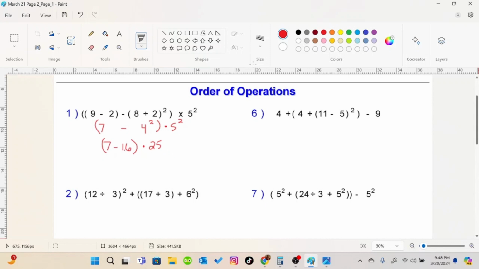This is 7 minus 16, which equals negative 9. And finally, negative 9 times 25 is negative 225. And that's our final answer.